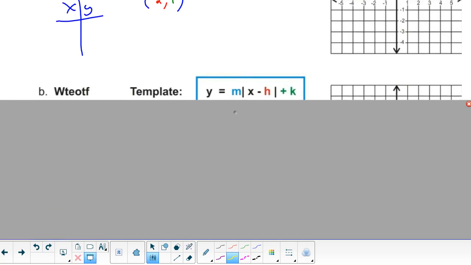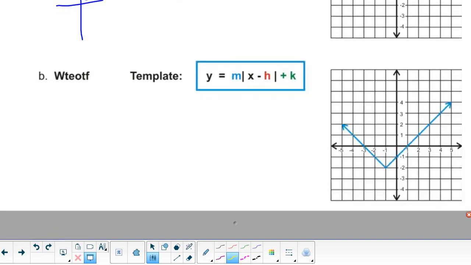Okay, so again, I got the template down there. All right, great. I think I did it in class the other day as well. So in this one, let's go backwards now. We're going to write the equation of this absolute value function. I need the vertex: -1 and -2. So h is -1, k is -2, and what's the slope?